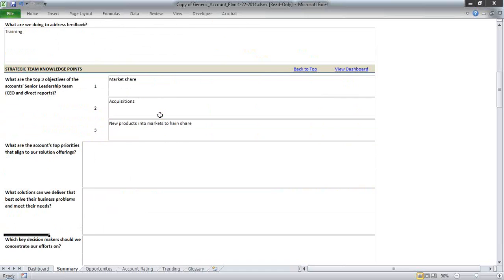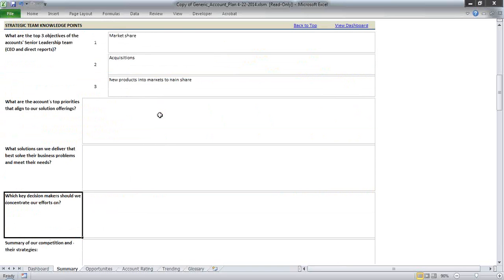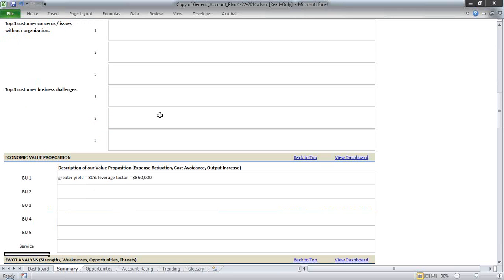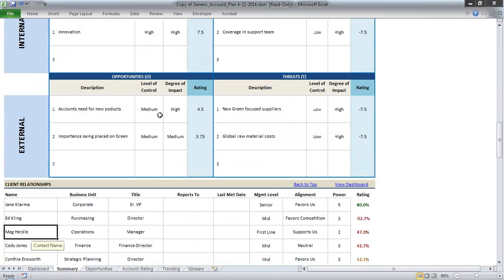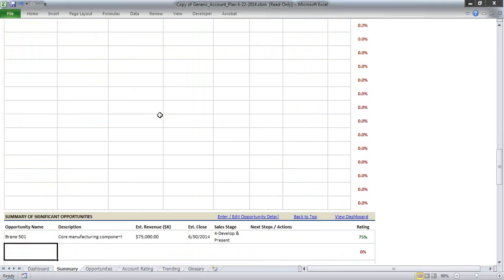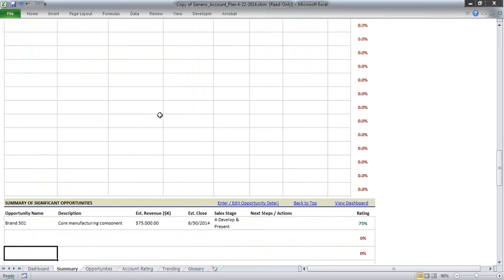The strategic knowledge points. This might be the qualitative information of the plan. And then I get into economic value, a SWOT analysis, client relationships. This is exactly the kind of data that enables me to plot, chart, and analyze my relationships high, wide, and deep. And I could also then take a look at my opportunities.